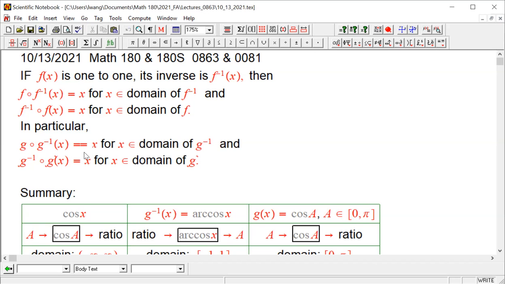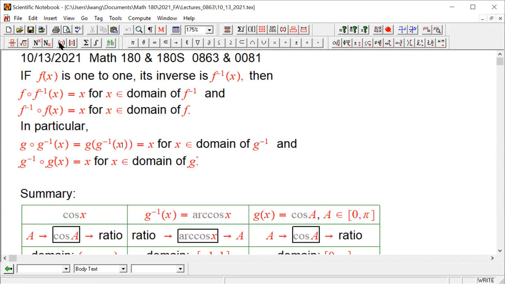So if we write the composite this way, G of G inverse of X equals G inverse of G of X. What is G? G is a cosine.